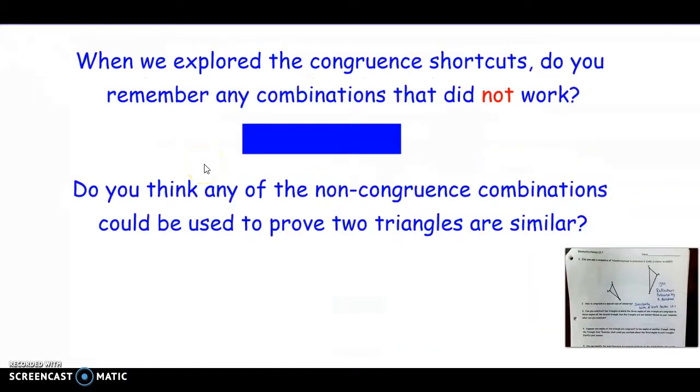So when we were exploring the congruence shortcuts, do you remember there were some combinations that did not work? So we had the 5 that did, or the 4 that worked for any triangle. And then we had 2 that we specifically looked at that were combinations of 3 corresponding parts being congruent, but did not prove the triangles were congruent.